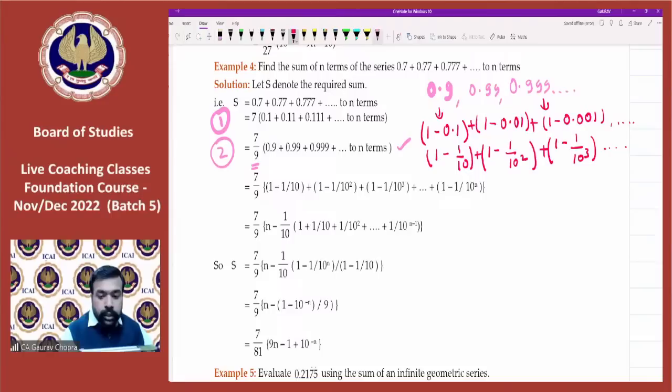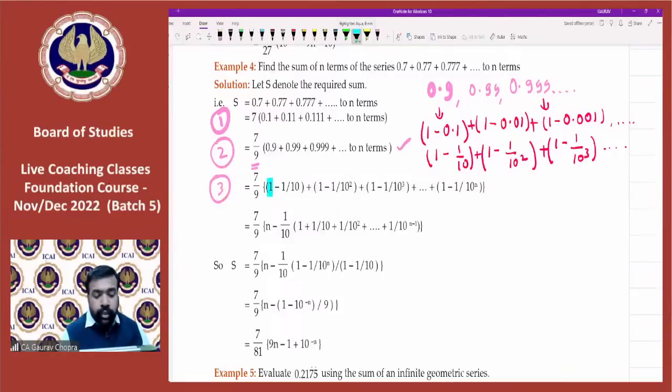So this becomes the third step. First was to take common, second multiply and divide with 9, and then third step is to convert them as per 1 or as per 10 as per the given case. Okay, done till here, third step. Now we have to separate the figures. So what do we have to separate?